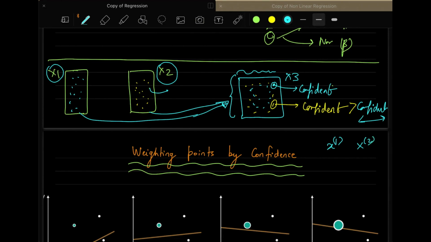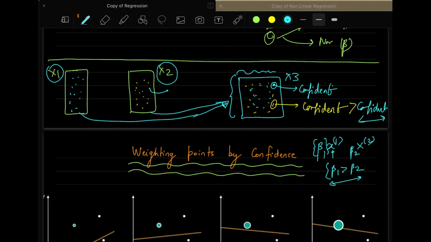Then you increase the value of beta on x1 as compared to x2. So basically beta 1 will be more than beta 2. You multiply x1 by a scalar value beta 1, which is greater than beta 2, because the reliability of x1 is more as compared to x2.